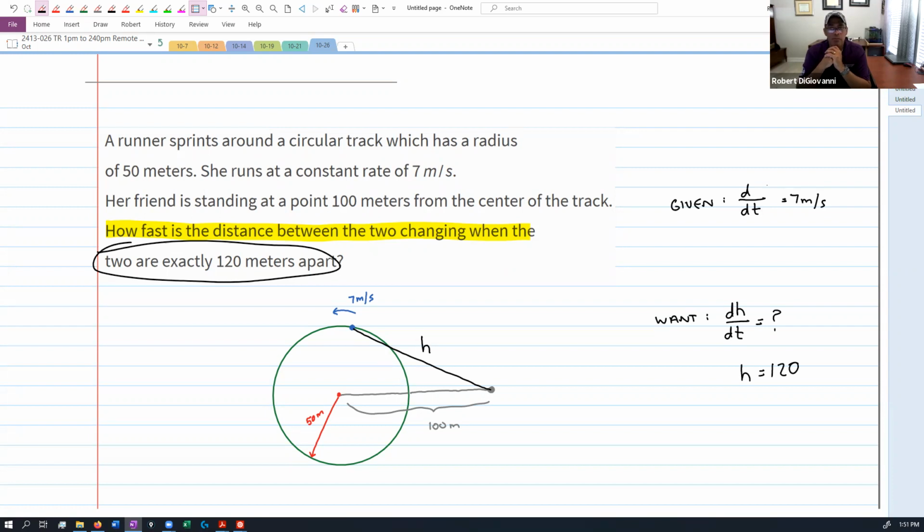We have a problem. Do y'all see that we have a problem? Right now, I have no way of labeling this 7 meters per second, because 7 meters per second is her speed along the circumference. Is that the change in circumference?